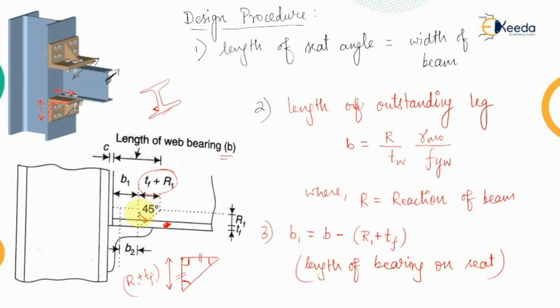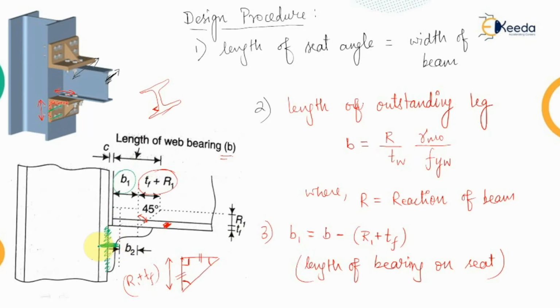Now once we have found the length of the outstanding leg, and for that we have designed this bearing, that is the B1 and B2 values, then we will calculate this vertical length, that is the length of the connected leg. This length of connected leg is calculated based upon the assumption that a minimum of 2 bolts can be accommodated here.